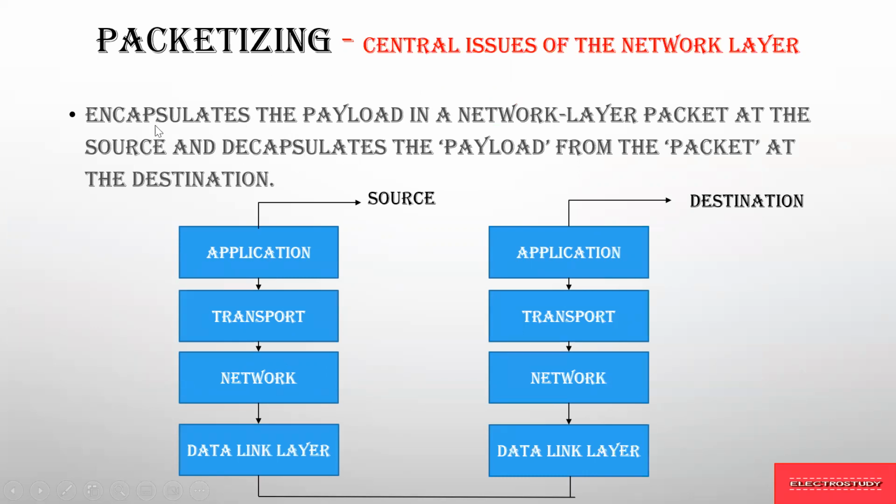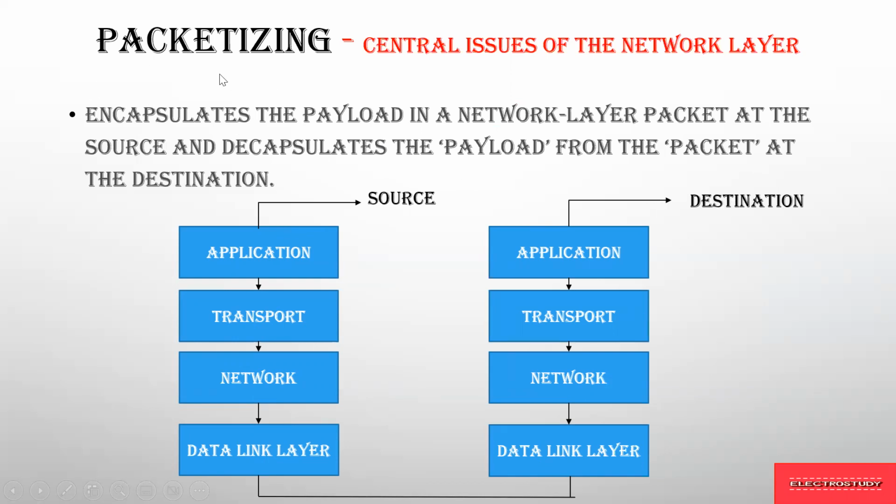It encapsulates all the data from the transport layer and passes it to the data link layer. When it is traveling to the destination, all the encapsulated data are decapsulated at the destination end. It makes sure that all the payloads formed at the source end are encapsulated and all the payloads received at the destination are decapsulated.